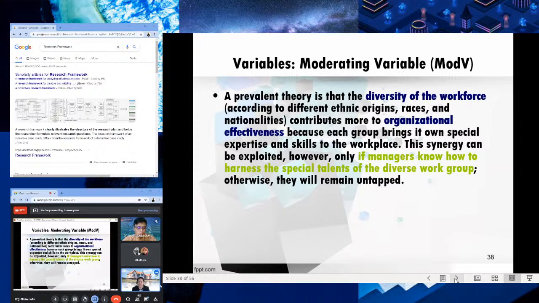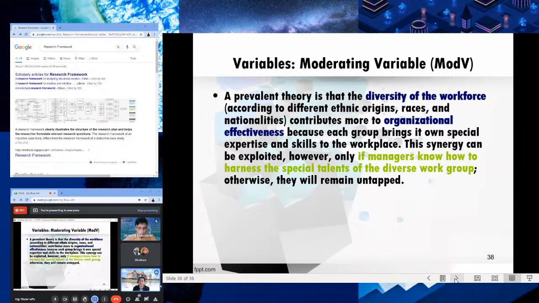From the same example, we can see that this moderating variable is the prevalent theory and diversity of the workforce. Here we can use another moderating variable such as differences of ethnic origin, race, and nationality.